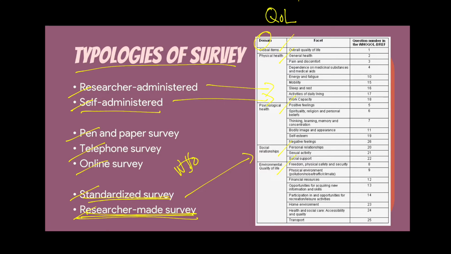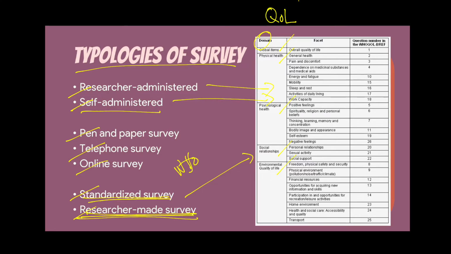What do I do? There are two things. Either you go on and create your researcher-made survey, but the risk there is that it's not as valid. But it doesn't mean that it's bad. It's just that it's not as valid as a standardized questionnaire.